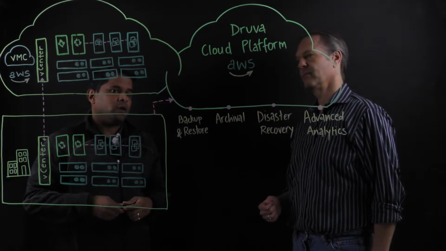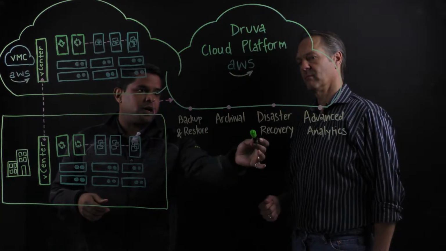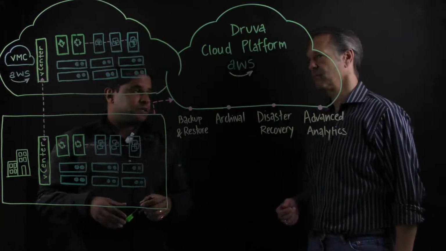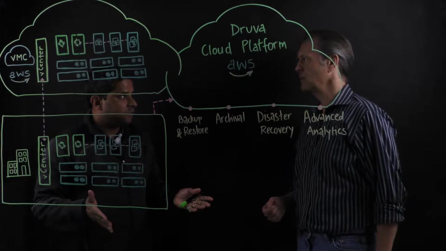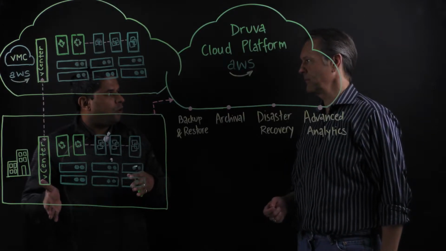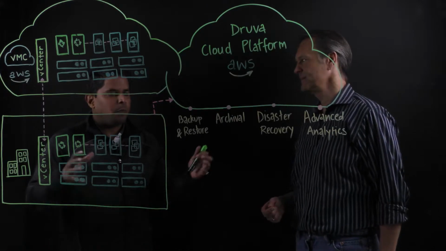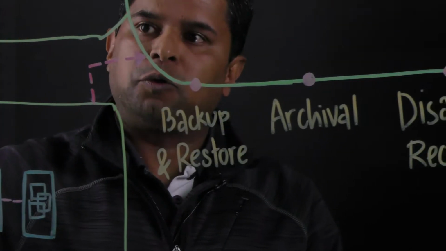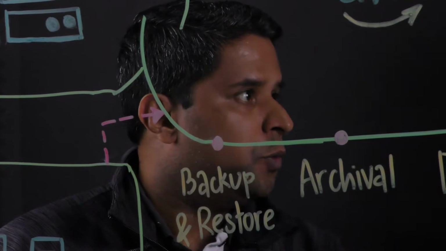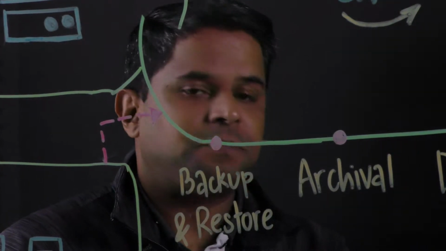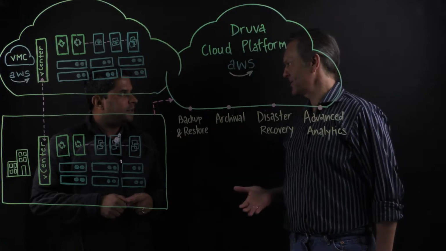On top of that, we can offer backup, restore, archival, disaster recovery, and advanced analytics in a single pane of glass, which takes away all the multi-vendor solutions you had till now and combines them into one single solution for both of your platforms, which you're hoping to use in future. Right, so like vCenter is a single pane of glass, Druva Data Protection offers a similar pane of glass for the data protection part of your environment. Absolutely, you got it right.